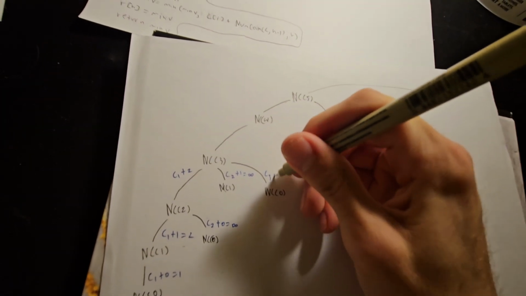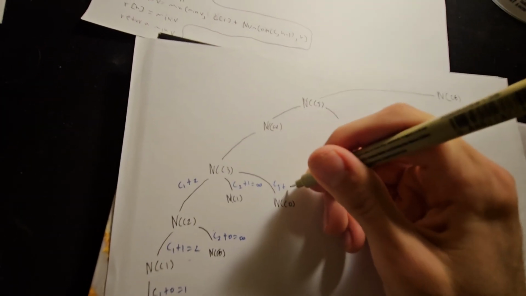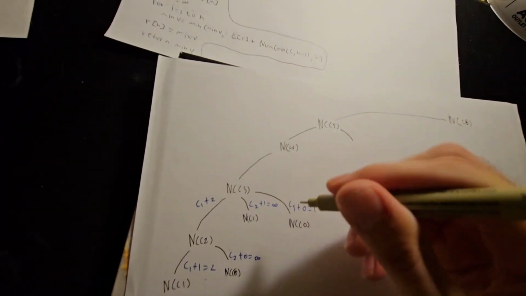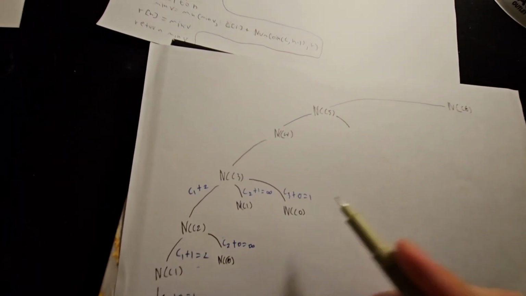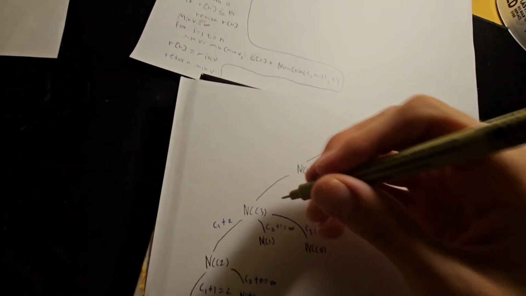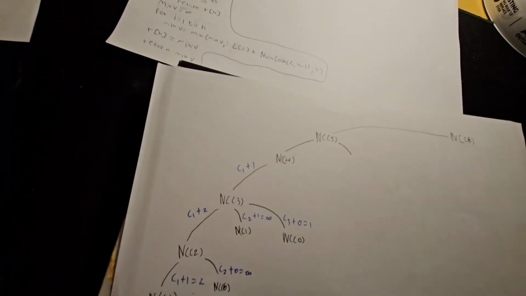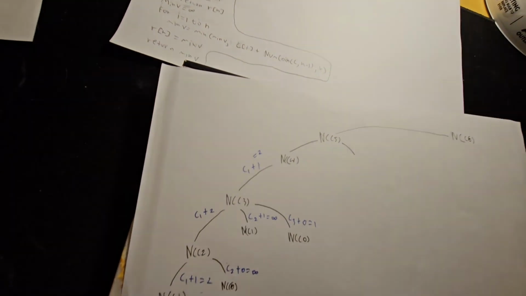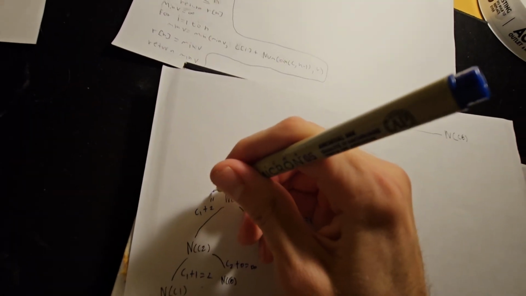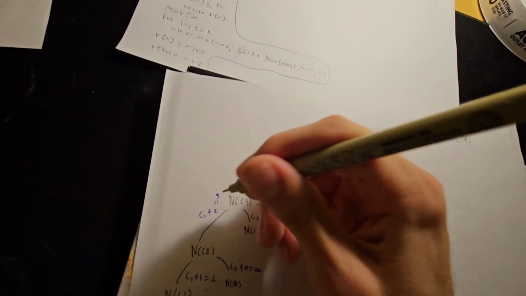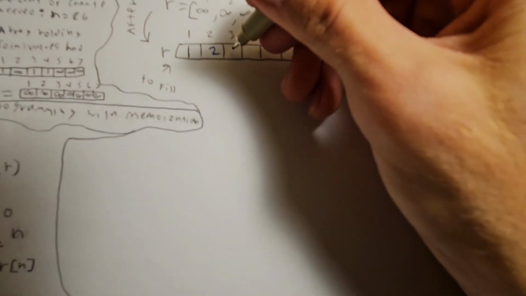It's going to be a C3 plus 0, which is going to equal 1. Between these three, it's going to pick the minimum value, which is, of course, going to be 1. And this is going to be a C1 plus 1, which is going to equal 2. So then we're going to save that value in here as 1.